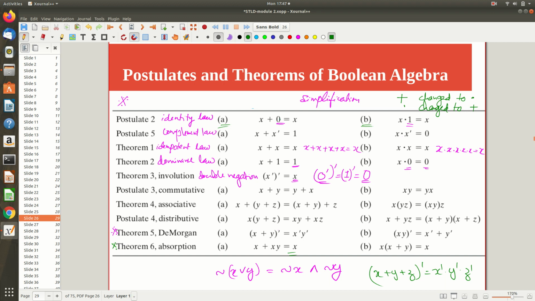Anything else happening from A part to B part? Wherever 0 is coming, on the other side it is 1. Wherever 1 is coming, on the other side it is 0, right? So two things are happening here. Let me erase all.